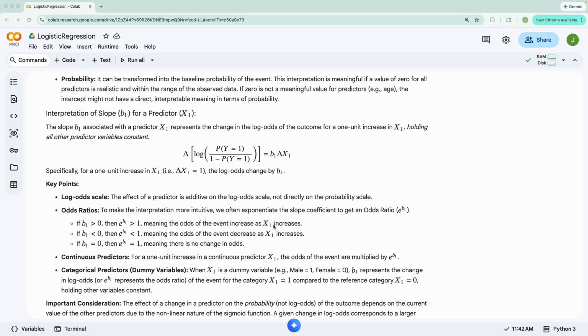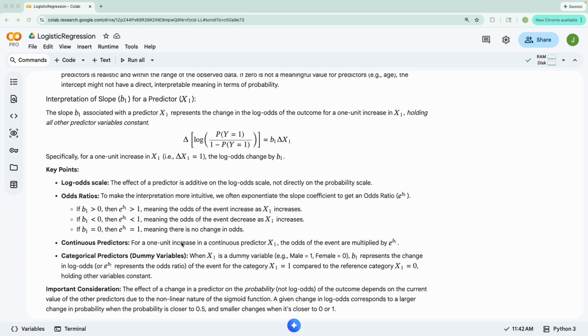And I expect you to tell me exactly how much it increases, and you have to do that in terms of the odds ratio. But this is just a conceptual thing. If beta 1 is less than 0, the odds decrease as x1 increases. And if it's equal to 0, there is no change in odds. That means that the input does not affect the output.